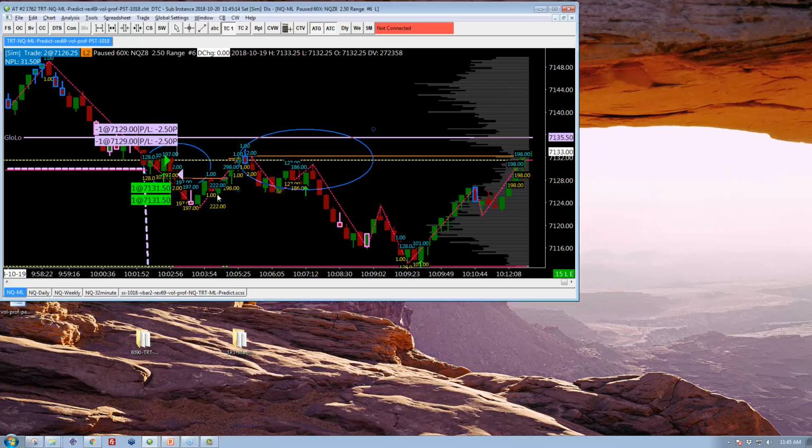Okay, so the specialized processing at low volume nodes, which I'd love to see live in a normal environment, since it was built specifically to deal with the cases where there's a low volume node and the market just bounces right off of it or blows right through it, and it doesn't give us any price action to work with to see that there's something to do there. But the markets are too volatile now to use it, so we just have to wait.